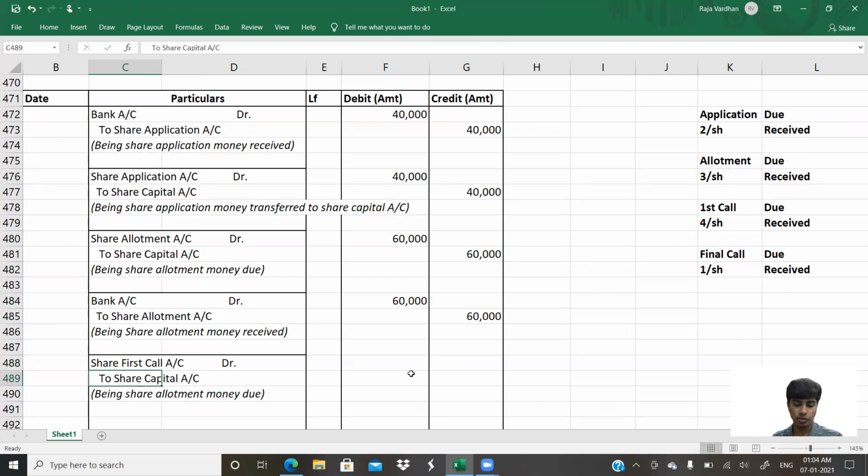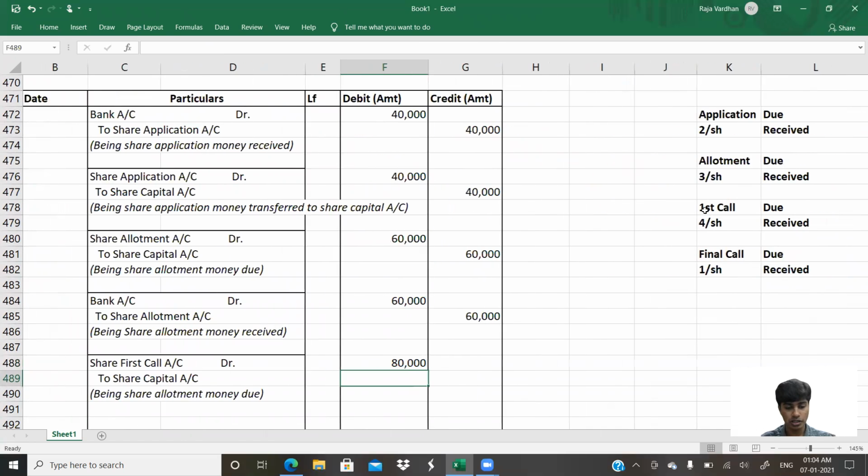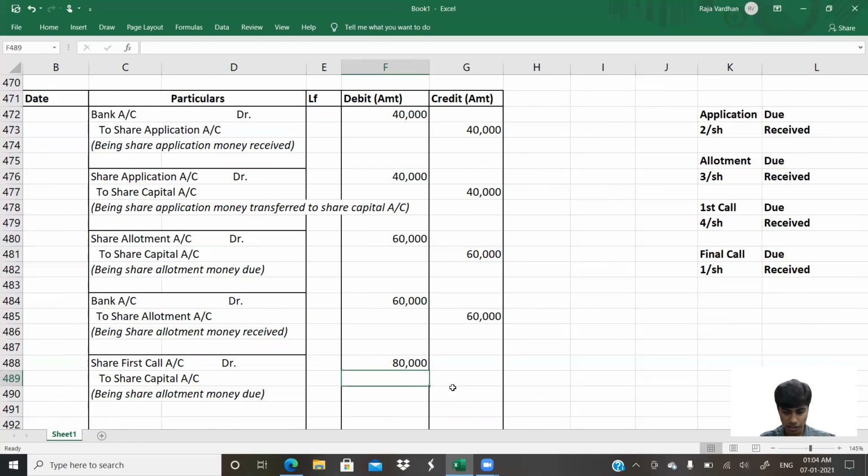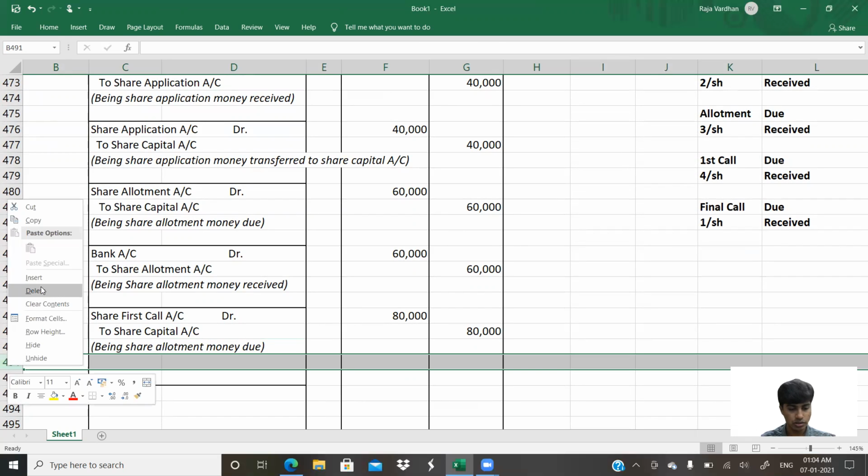Share first call account debit. How much is it? For 20,000 shares, it is 4 rupees per share. 20,000 shares into 4 rupees per share, 80,000 rupees. Entire money is due, receivable. No doubt there. But did we receive it? The answer is no, we didn't receive.